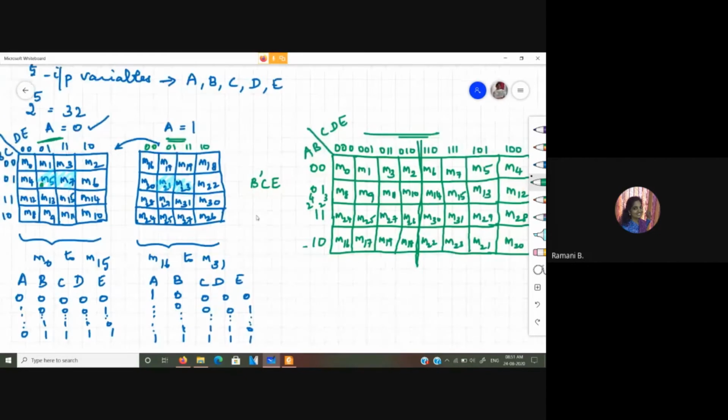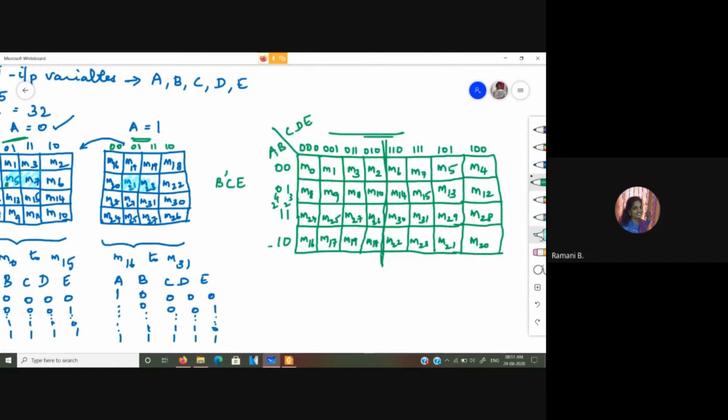And in this particular map, for the same 5, 7, 21, 23, just by observing you can say that you could form a quad like this straight away.